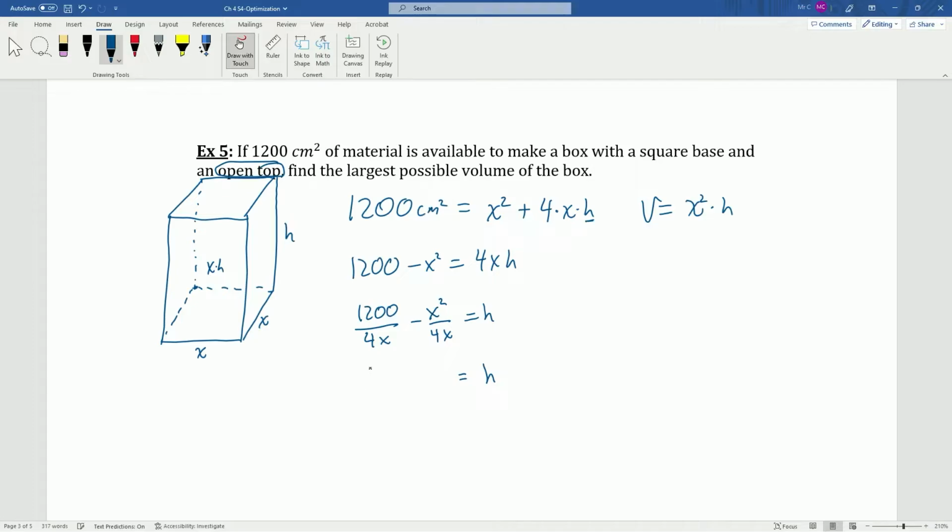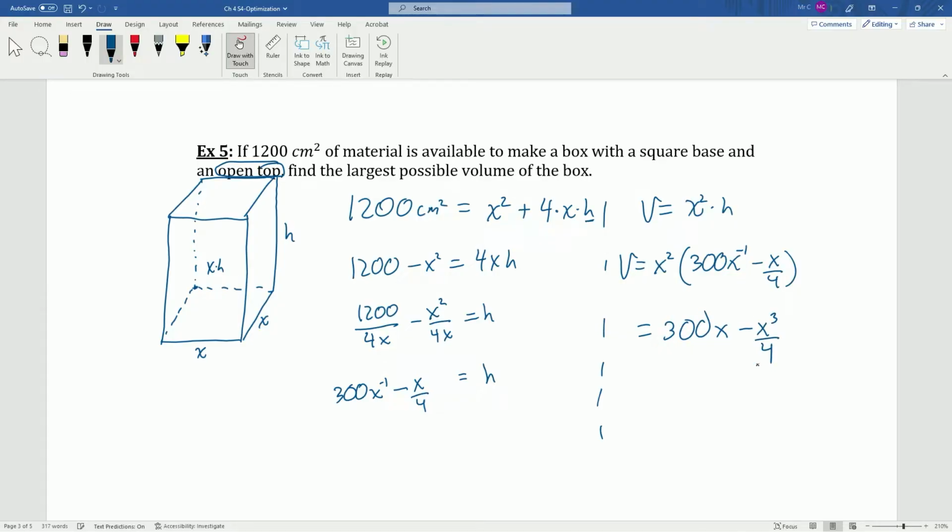So h is, let's see, this is 300 times x to the negative first power minus x over 4. So when I plug this into my volume, I get x squared times 300x to the negative first minus x over 4. That gives me x squared times x to the negative first is just x, minus x cubed over 4. And now I can take my derivative. So my derivative here is 300 minus 3x squared over 4.